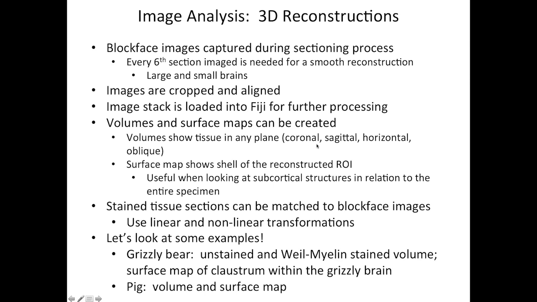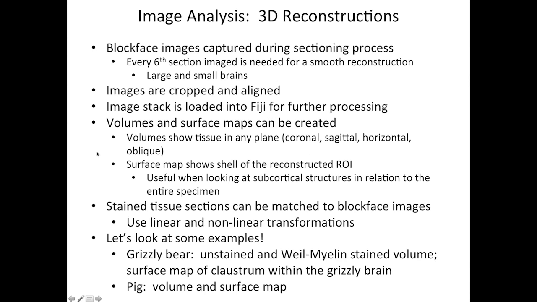And taking a step further, we can actually take stained tissue and, using linear and nonlinear transformations in Fiji, match those stained tissue sections to the block face images, using those as a template, and create a stained 3D reconstruction of the tissue.